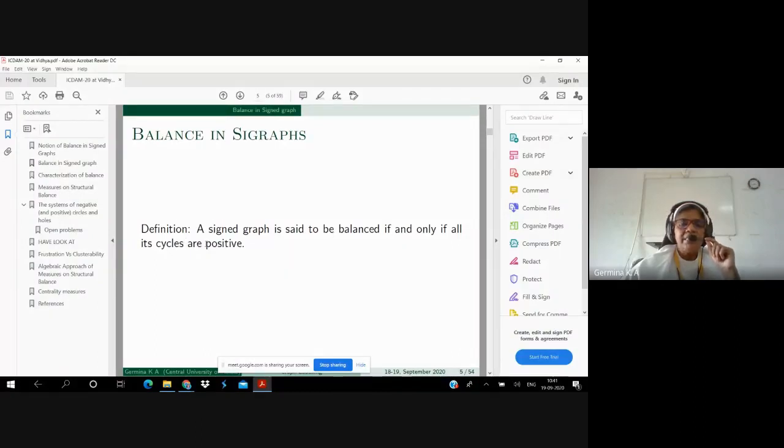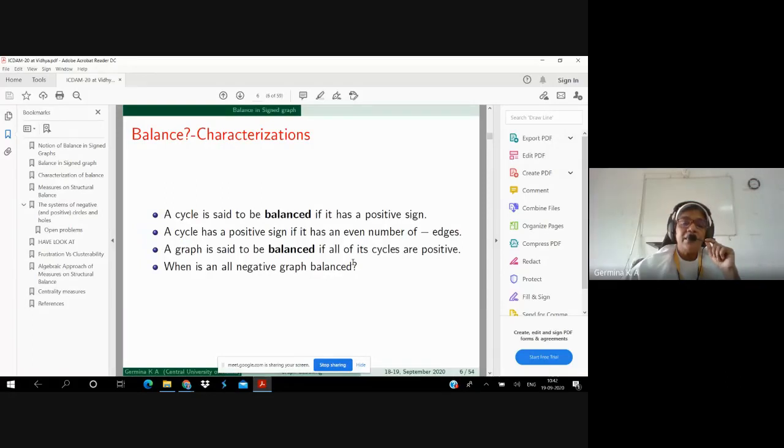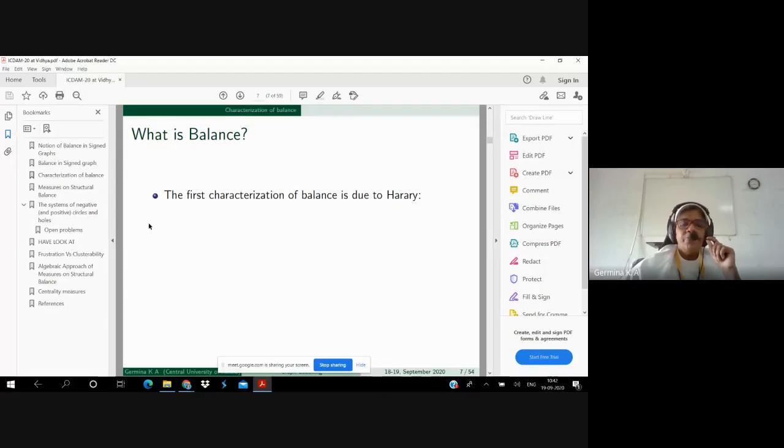If all the cycles are positive, we say that the network itself is a balanced network. At least one negative cycle means it is unbalanced, clearly. A cycle has positive sign if it has an even number of negative edges. So a graph is said to be balanced if all its cycles are positive.